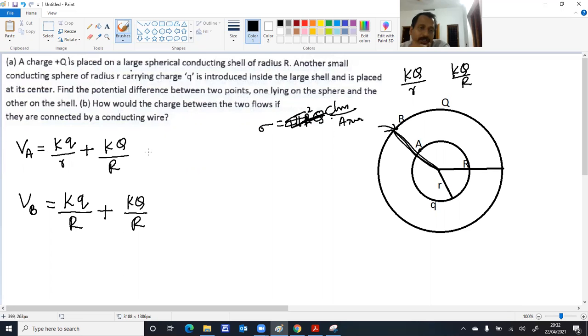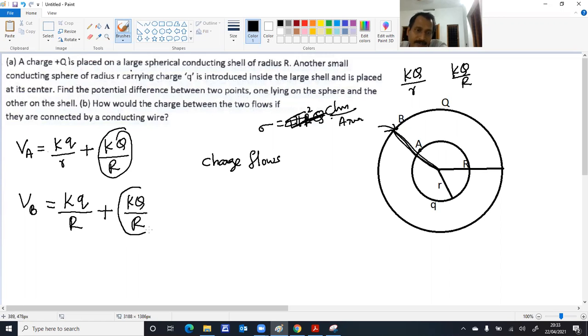Are these potentials fine on A and B? Yes, sir. Then find which is greater. Charge always flows from higher potential to lower potential.